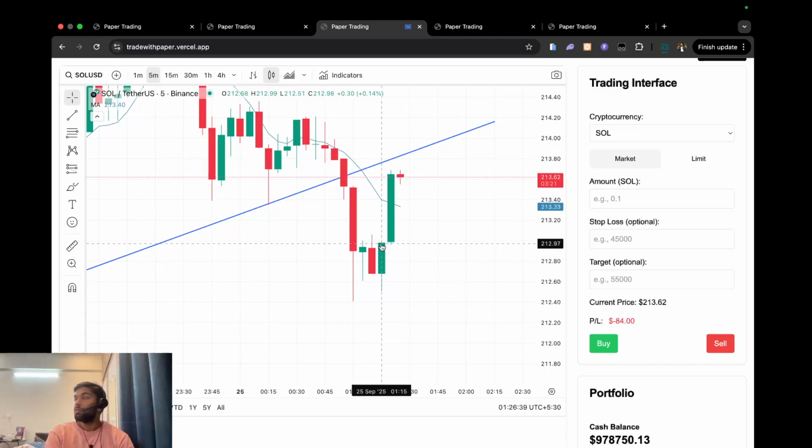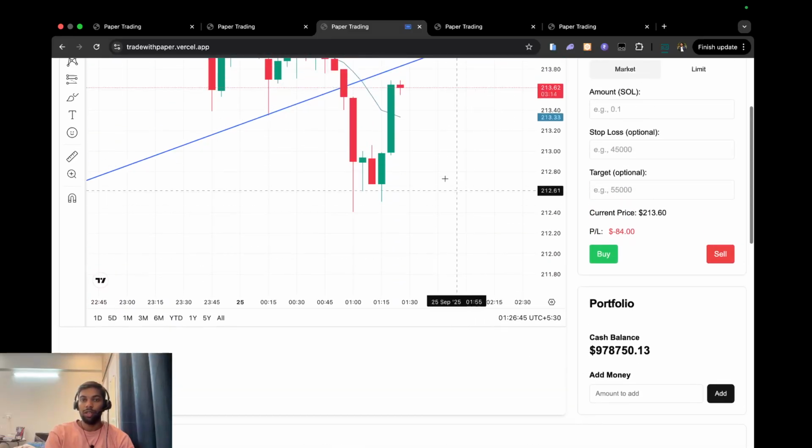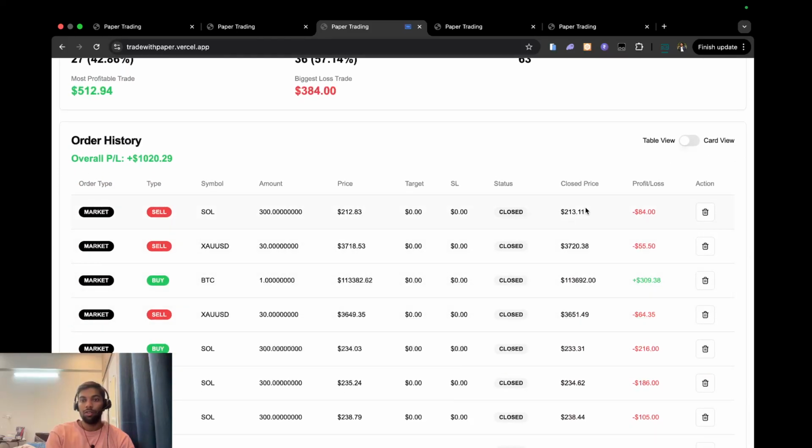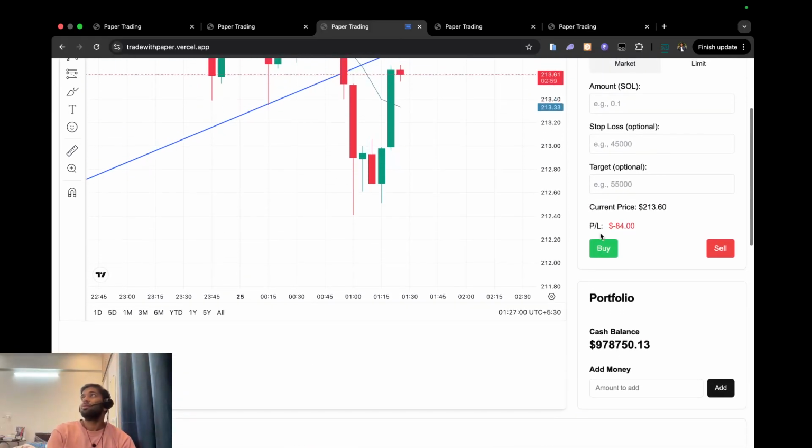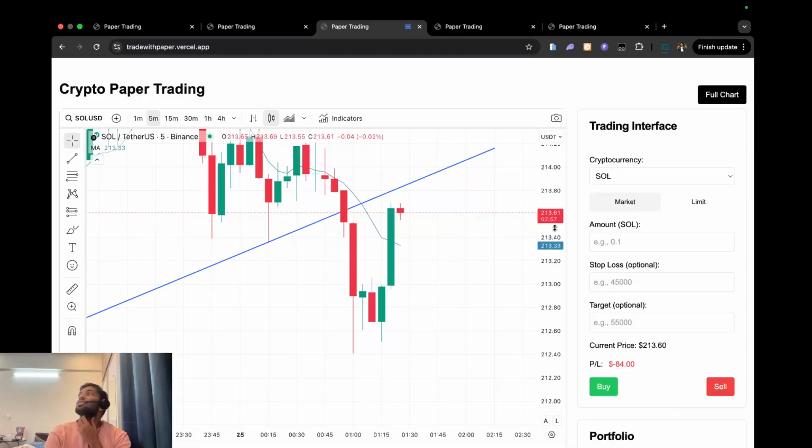We should have taken our stop loss only at this point. Let me see what this point is. This point is 212.98, and we crossed 213.11, so that's 0.13, and it's fine. We should have avoided the larger loss and come out with around $30 to $40.